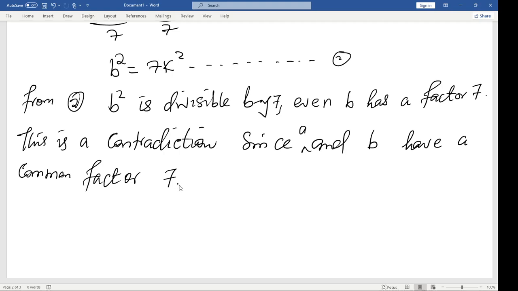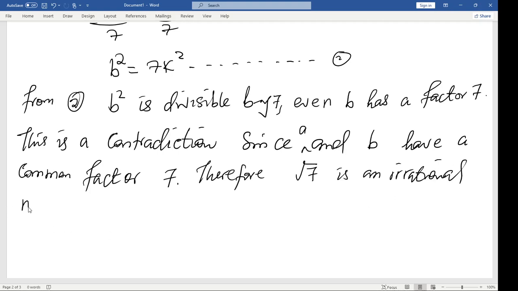Now, if this is a contradiction, then we can just say, and therefore, the root of 7 is an irrational number. Okay. So there we have the proof.